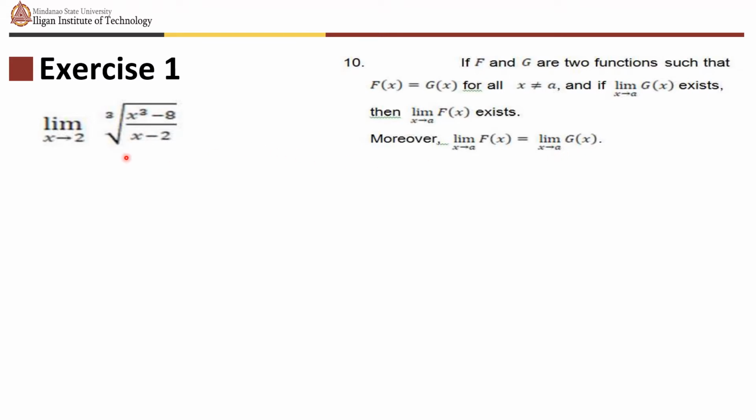So what we're going to do now is to rewrite this function into an equivalent function. We can do that by factoring x cubed minus 8 inside, and then we can divide out x minus 2 with one of its factors.